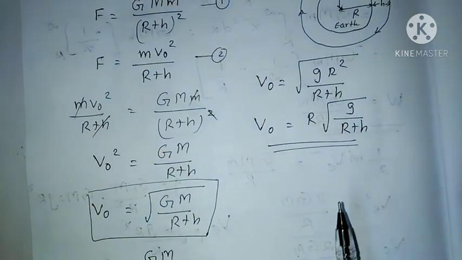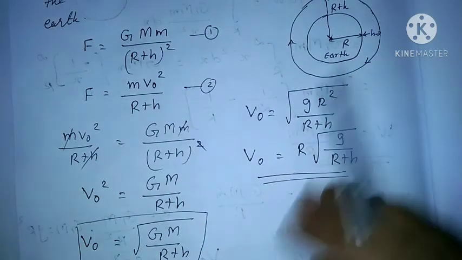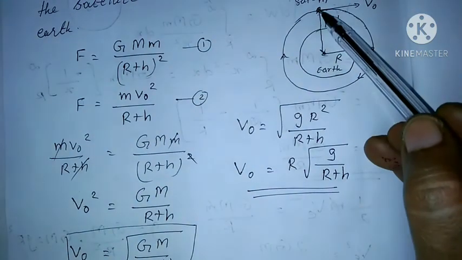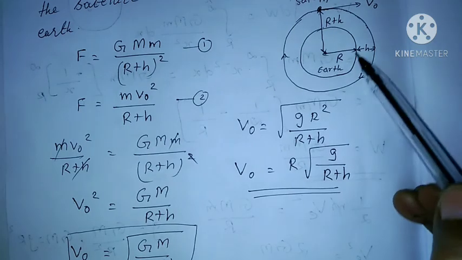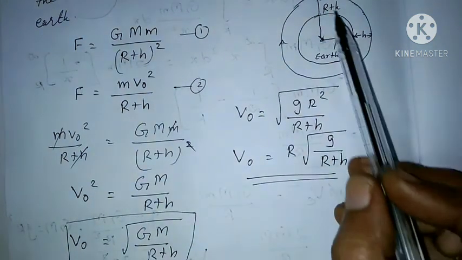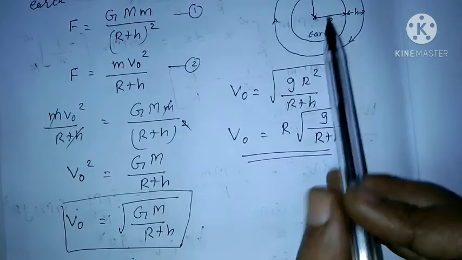Then when the satellite is revolving close to the surface of the Earth, what is the value of this h? h equal to 0.